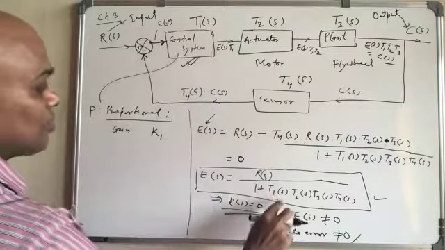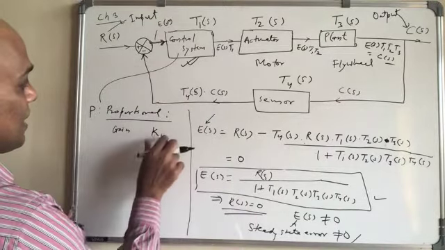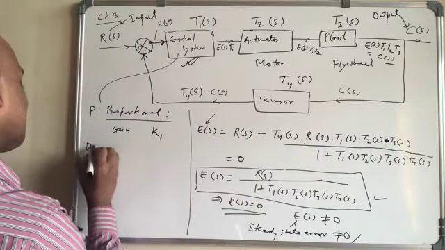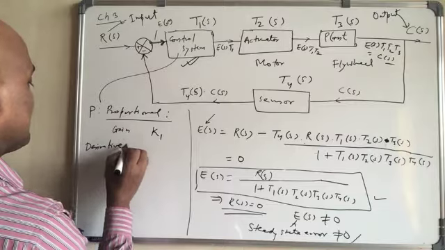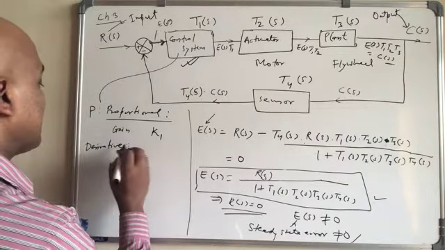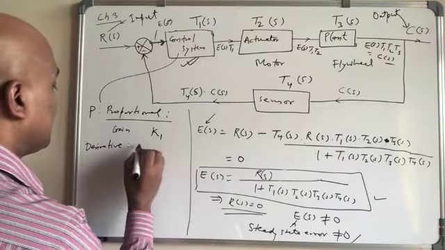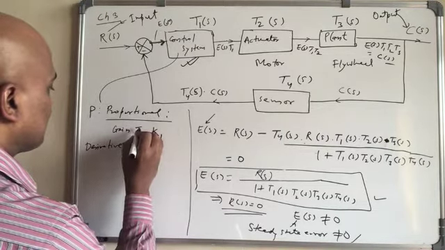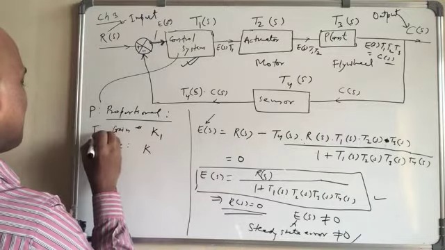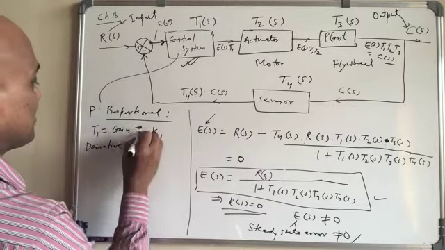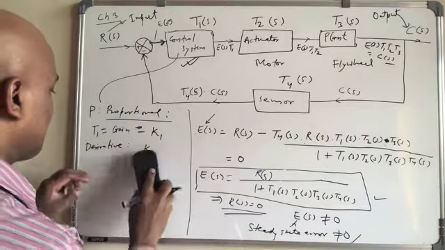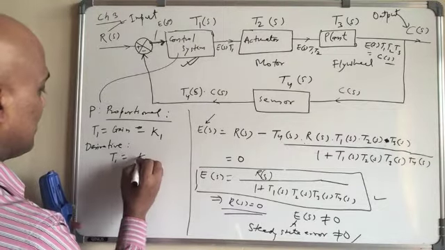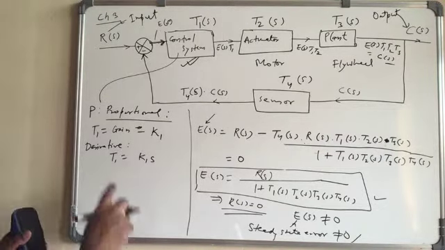Or this control system could be, instead of K, a derivative. Maybe the derivative will help, and in that case the transfer function T1 will be K1 times S. So this will be derivative.